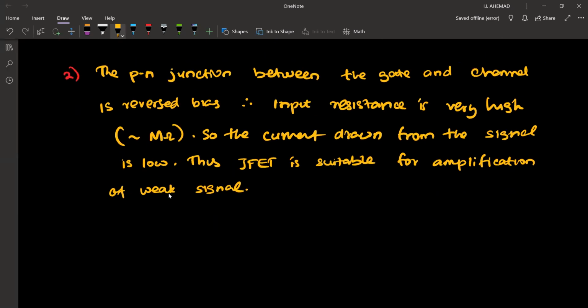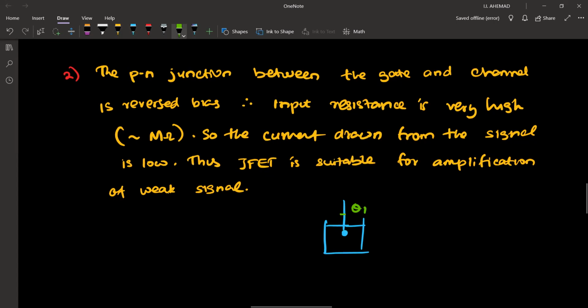To understand this part, let's use one analogy. Just think about the thermometer. In a thermometer, you want to measure the temperature. Let's say the actual temperature is theta 1.